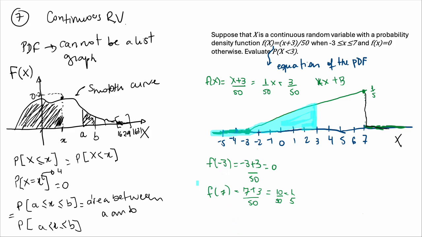Should I include 3? The variable is continuous, so I can, because in the end of the day, the probability of x being less than 3 is the same as including the point 3.